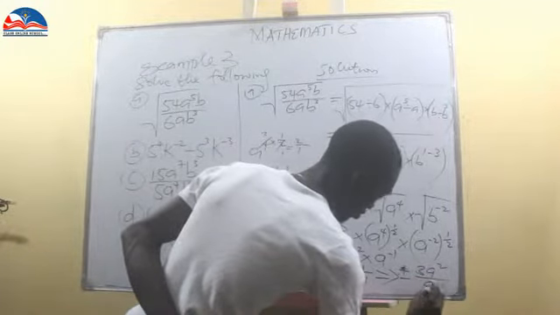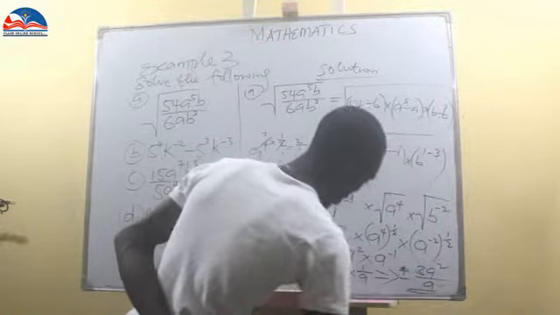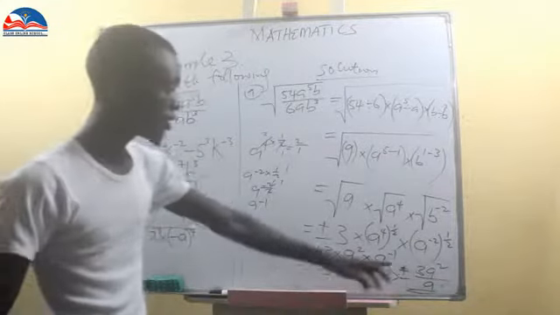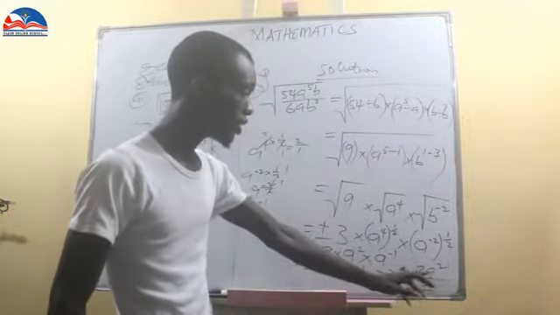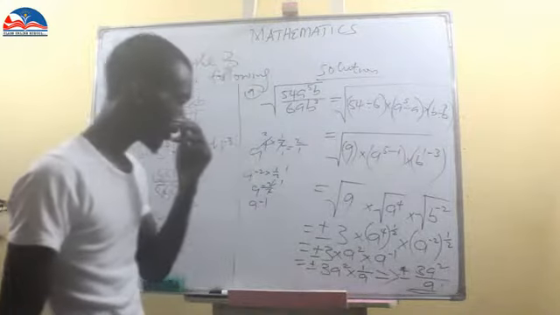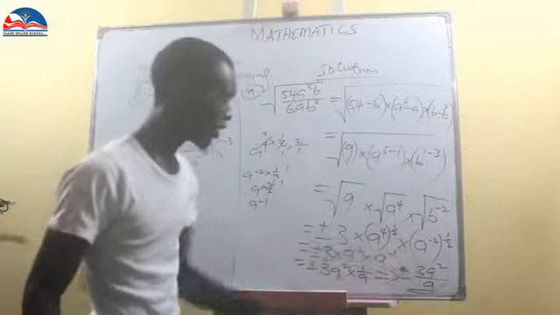So this is our answer: 3a index 2 over a.